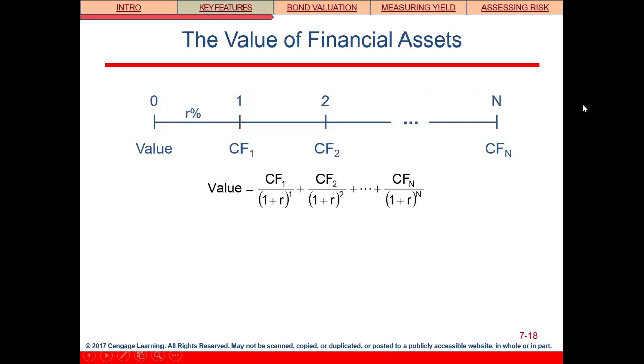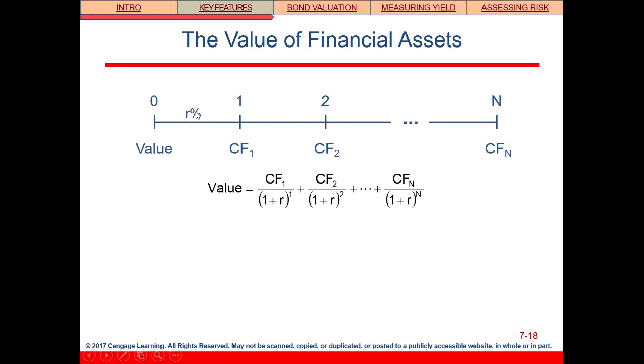So this timeline here shows you the cash flows of a bond, and basically the value of the bond is the fair price you pay right now, right? So you pay this price, and then you will be able to earn all the future cash flows. So that's the value of the financial asset.